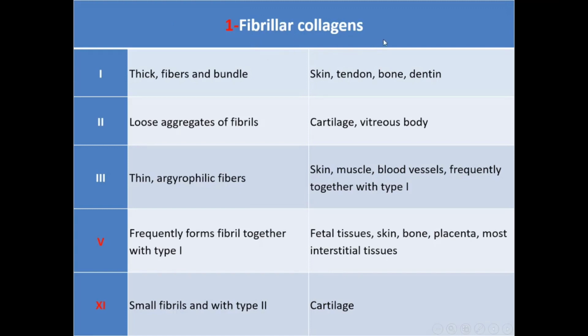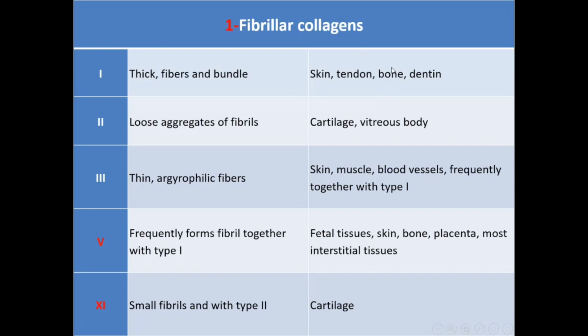Here we have a classification of the collagen in our body. We classify the collagen in 3 groups. The first group is the fibrillar collagen, meaning the collagen can make a fibril. For example, collagen 1, collagen 2, collagen 3, collagen 5, and collagen 11. You can see we use Roman numerals for naming the collagen types.